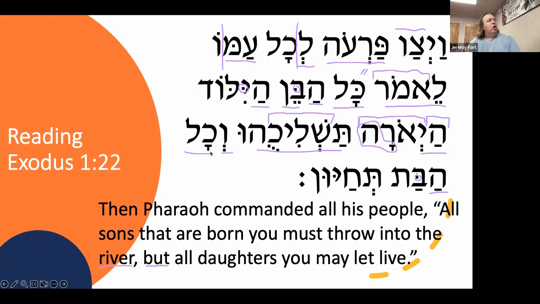But all the daughter, or daughters in this case, because that's how we have to read it, you may let live, and that's from the verb haya. Not a hey, but haya. If you ever think, lachayim, life.